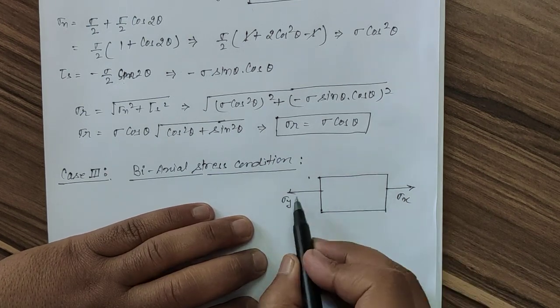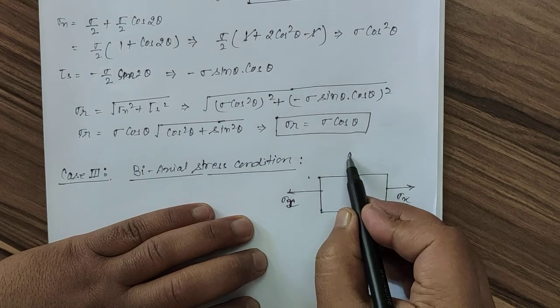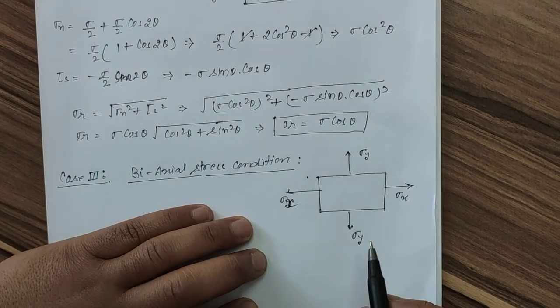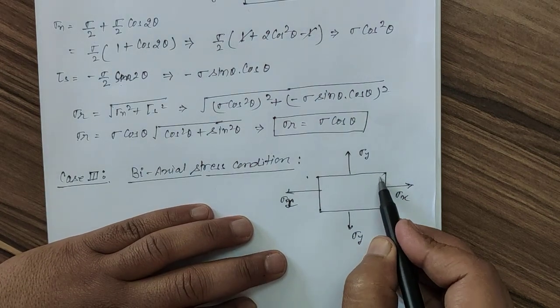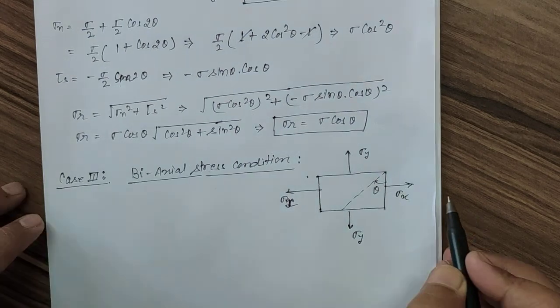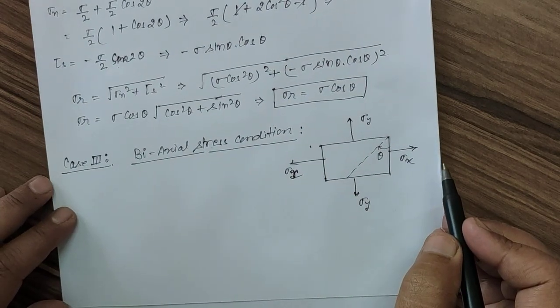We are taking sigma x and we are taking sigma y. Okay, we have taken the stresses in two directions, which is known as the biaxial stress condition, case 3.